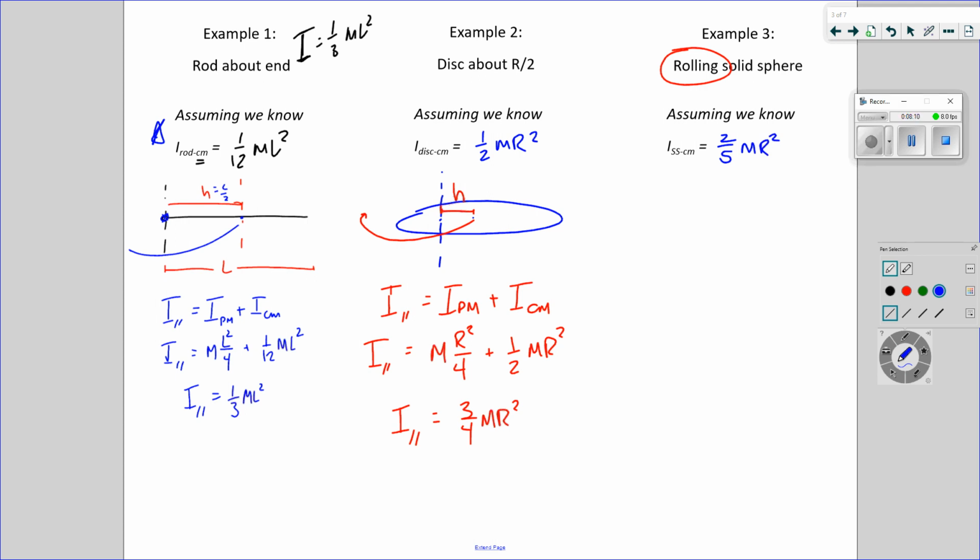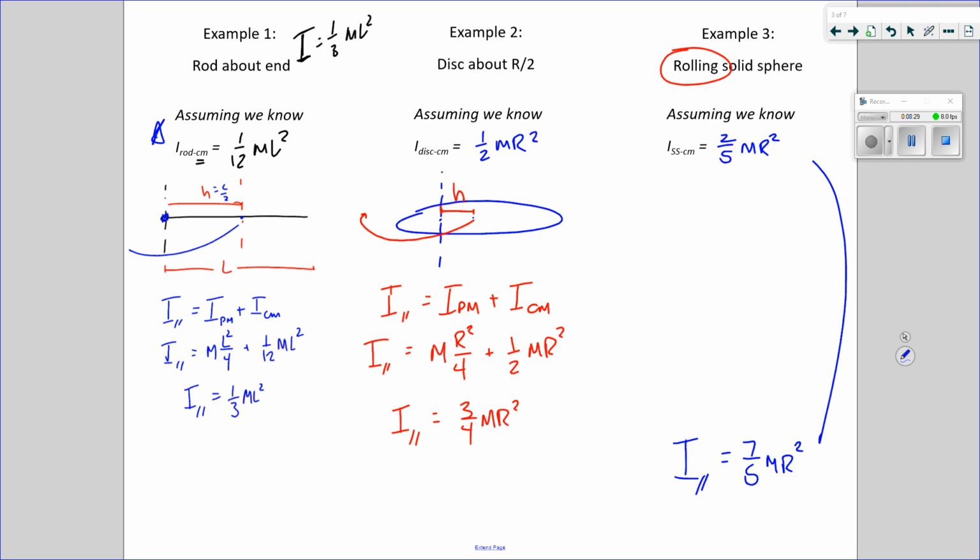It should be fairly easy to show that the rotational inertia of this rolling sphere, rolling across the floor, is 7/5 mr squared. The solution has a hint in it. See if you can get there.